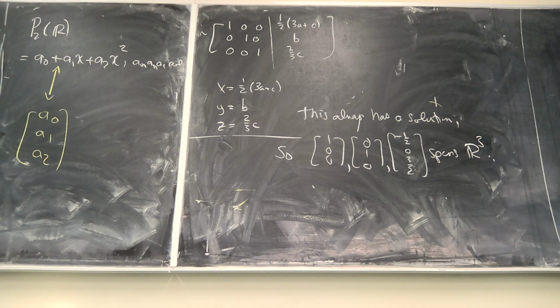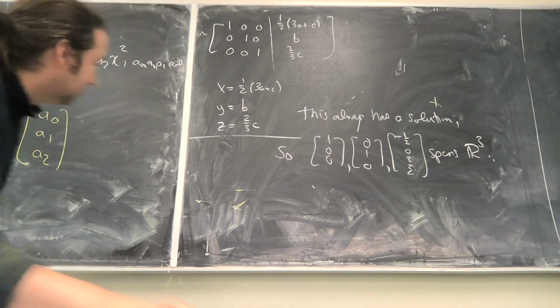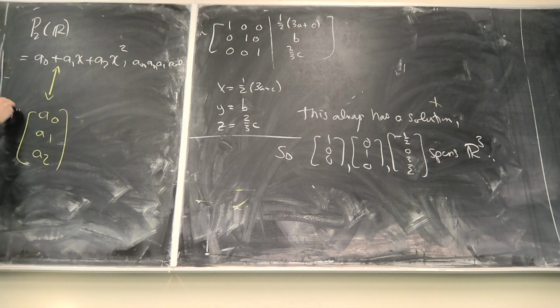I can record all of the information about that polynomial as a vector by just throwing the 1, the x, and the x squared away and just keeping the coefficients. If I call this the 1 spot, this the x spot, and this the x squared spot, then if I give you one of these, I can reconstruct the polynomial it came from. And if I give you a polynomial, I can rewrite it as a column vector.